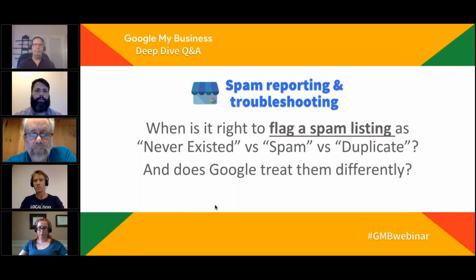Okay, great, thank you. Joel, anything you want to add to that? Yeah, in terms of how Google treats them differently, the treatment is just how the listing is ultimately marked. But when a manual review comes in to look at whether it's never existed, spam or duplicate, the manual review's task is to say, is this listing factually correct in any case?